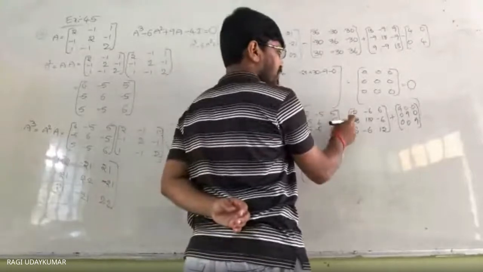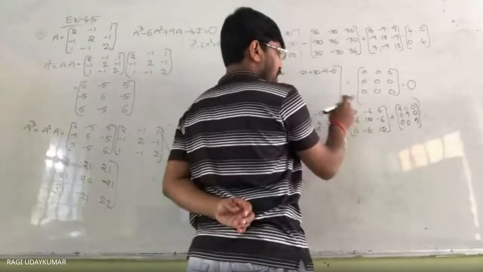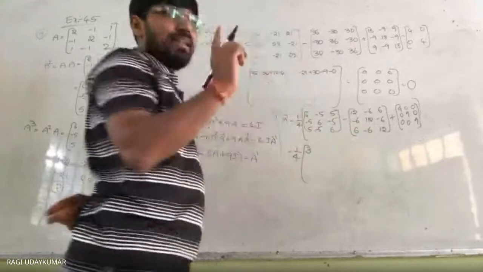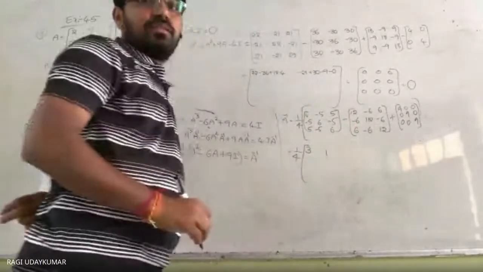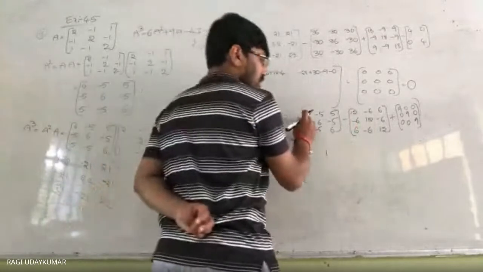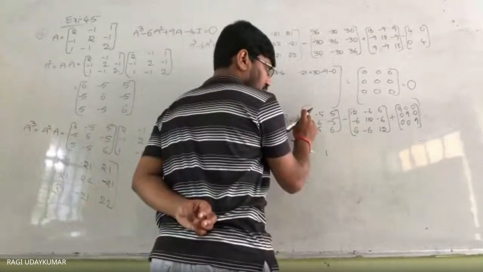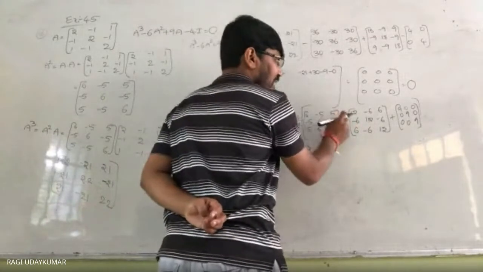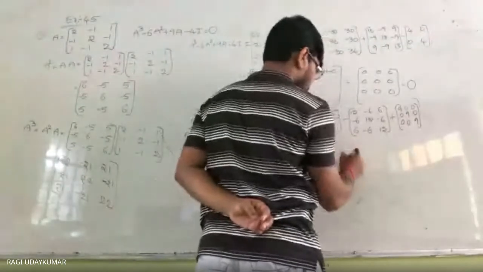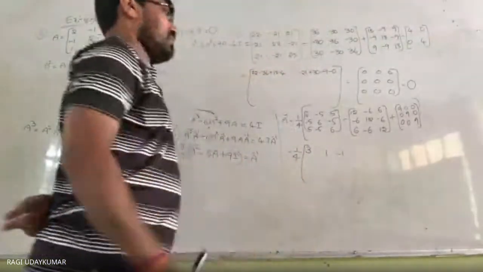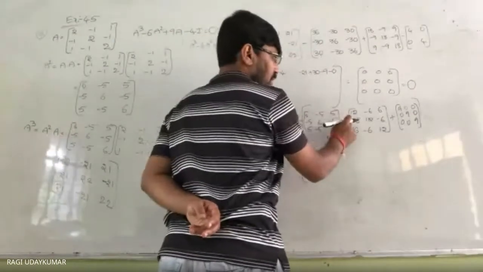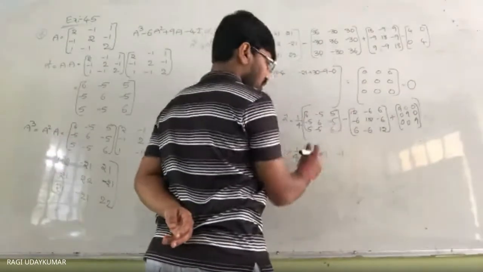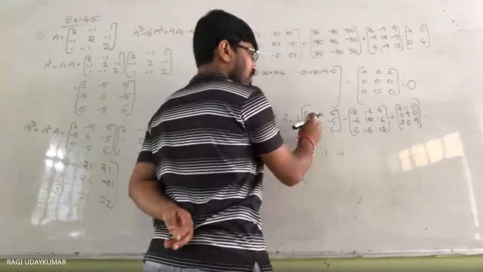Minus 5 plus 6, we get 1. So here it is 1. Next, 5 minus 6 is minus 1, here minus 1. Next, 5 minus 5 plus 6, plus 1. So here plus 1 we get.